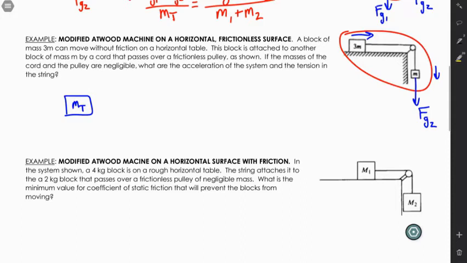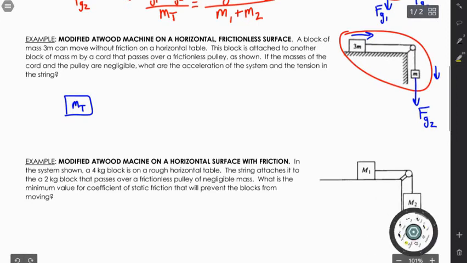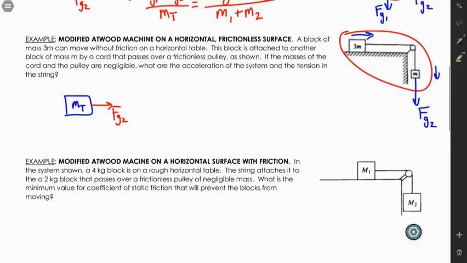Physics-wise, it's horizontal, right? And so when I draw my free body diagram, when we did the hanging one up here, we did everything vertical. We're accelerating in the horizontal direction here. There's only one force acting because there's no friction.